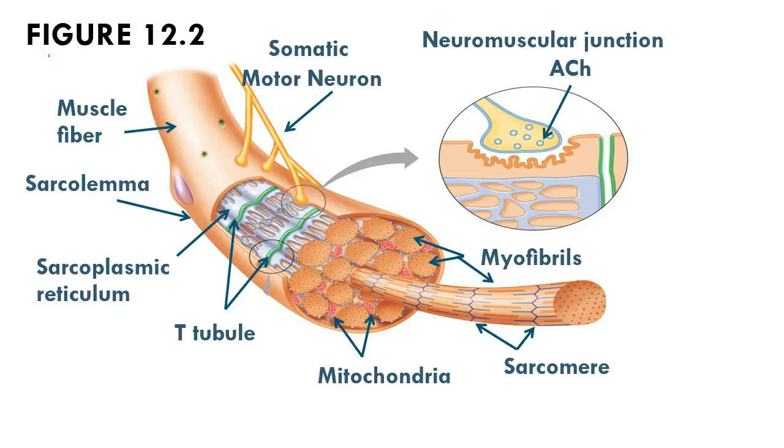Where's the motor end plate? As you are doing this, it's the portion under the nerve. So this part of the muscle cell actually has the nicotinic receptors. You want it where the acetylcholine's released, so it's just right underlying the somatic nerve. And in this image, it's highlighted or bolded a little bit. So add in some nicotinic receptors there.